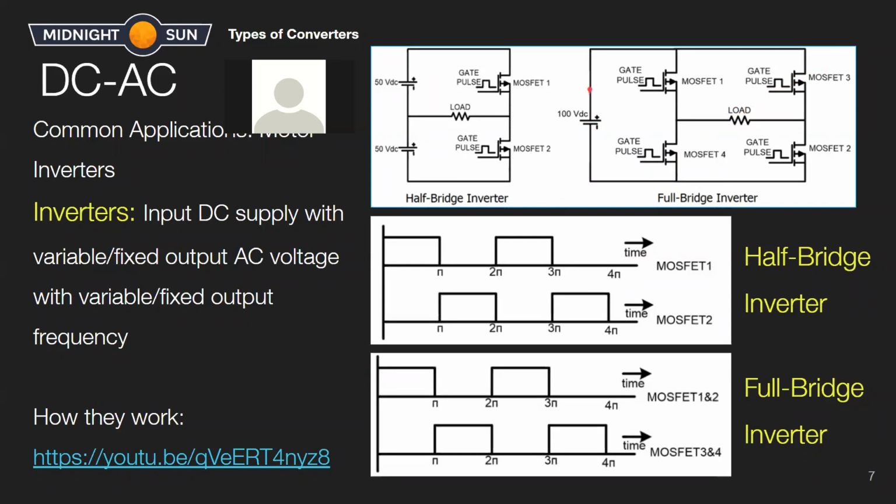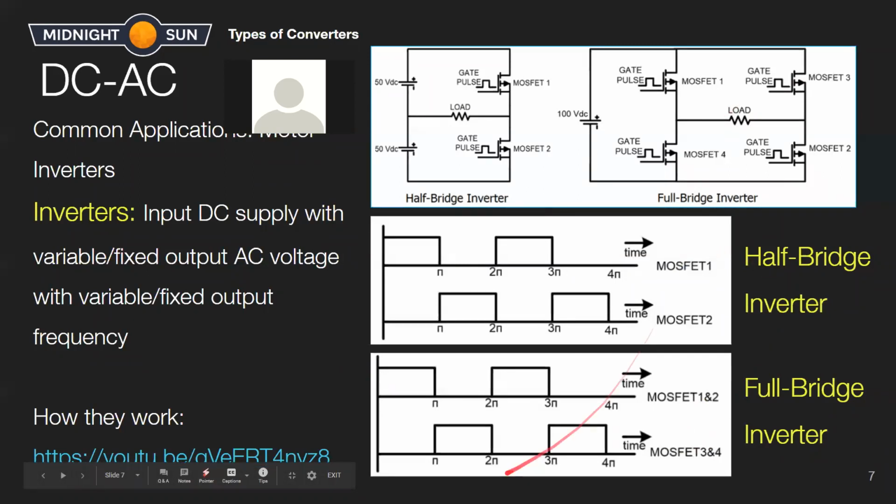So when we see the current loop, for the first period, MOSFET 1 and 2 are on. The current from our supply goes through MOSFET 1, through the load, and through MOSFET 2 back to the source to complete the loop. And we see we're dropping our total 100 volts DC during that time period. The same happens in reverse for MOSFET 3 and 4.